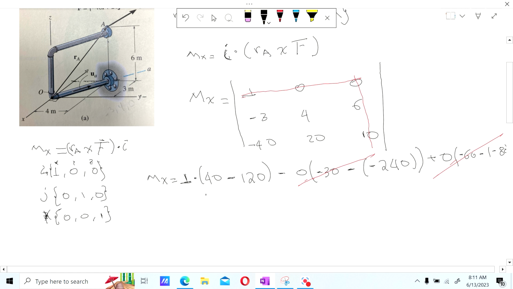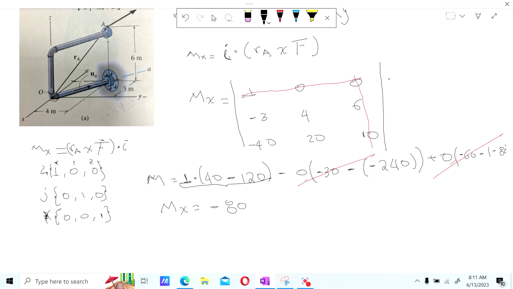We only have to calculate 1, which is the first term. So the moment around x, so actually this would be the total moment. The total moment is that, but the moment around x is just the component for I, and that is 1 times 40 minus 120, and this is equal to negative 80.